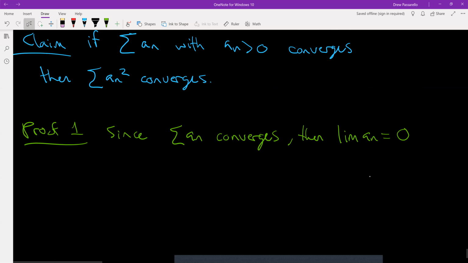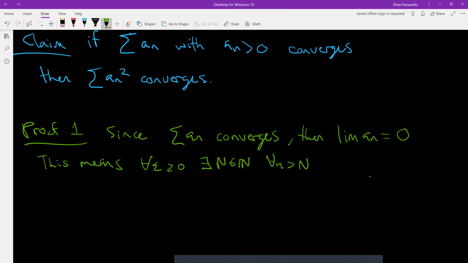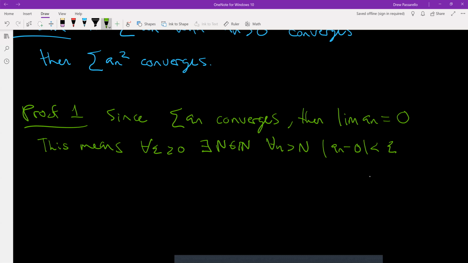Okay, so this means for all epsilon greater than 0, there exists some capital N, so that for all little n bigger than capital N, we have the absolute value of an minus 0 to be less than epsilon. So that's true for all epsilon. Pick epsilon to be 1.